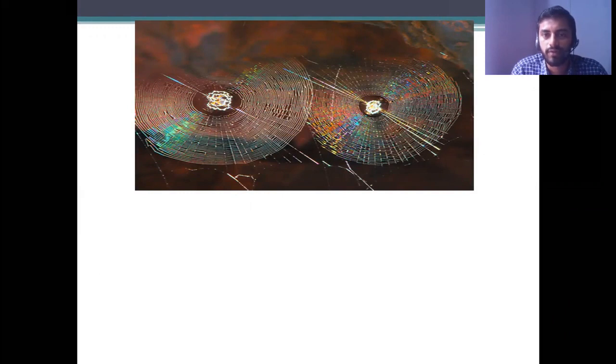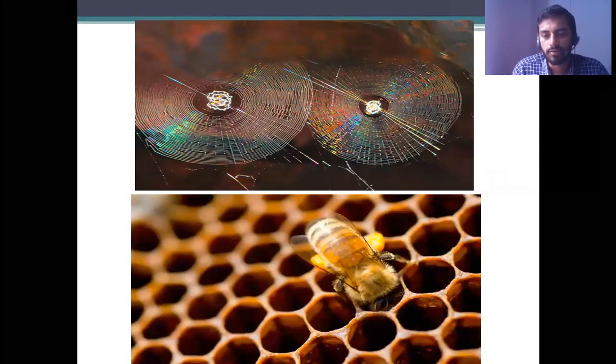See this spider web. This spider web is almost spherical in shape, and it contains almost equal radius distances also. And consider the honeycomb. We can see the perfect hexagonal rings joined together to form the honeycomb.